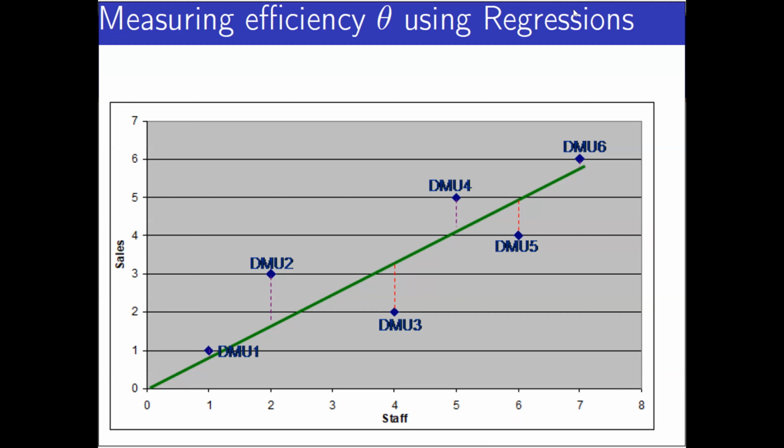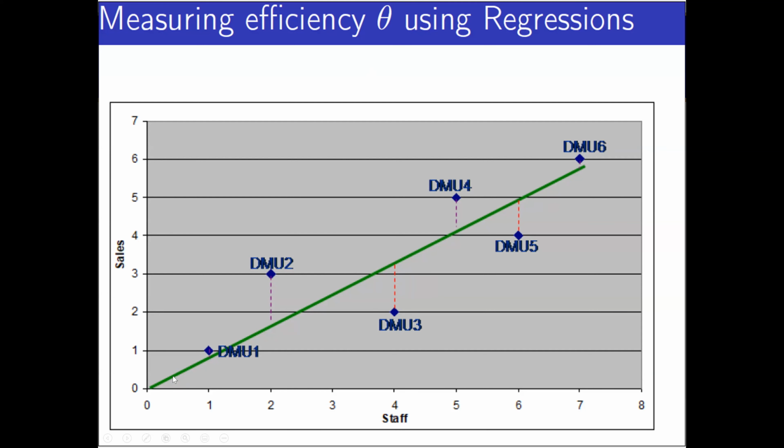A lot of econometricians and operations scientists have used some of these approaches all of the time, altering approaches to get to better ways. If you use regression, what regression would do is throw a line in between.